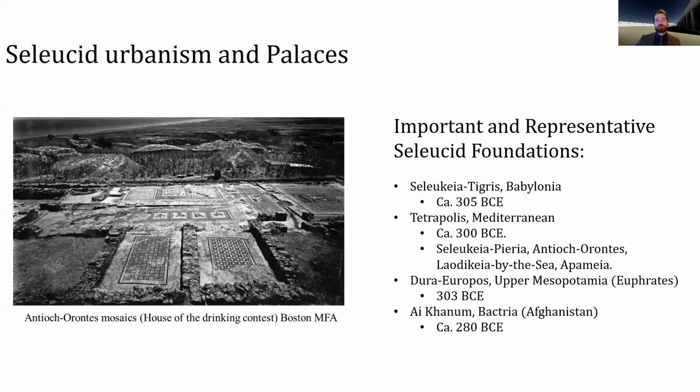So some of the important ones that we will look at, we have Seleucia on the Tigris, founded about 305 BCE, the Tetrapolis, including Antioch on the Orontes, modern Antakya, Turkey, founded around 300 BCE. We have Dura Europos, which was this major trade outpost on the Euphrates River, around 303 BC, and a site called Ai-Khanum, which is the modern Uzbek name of the site in Afghanistan that was founded around 280 BCE.